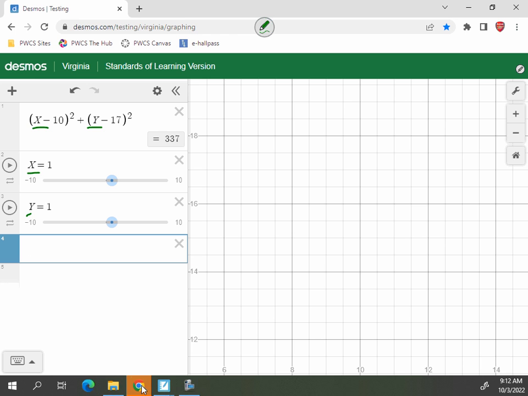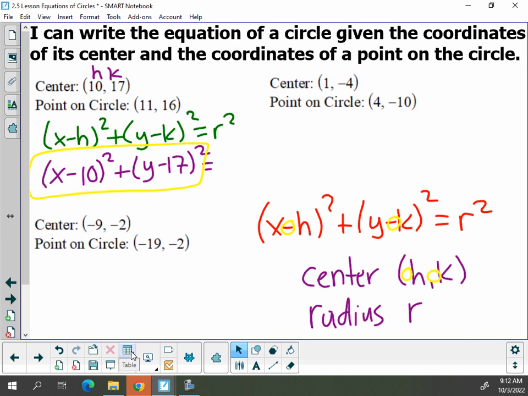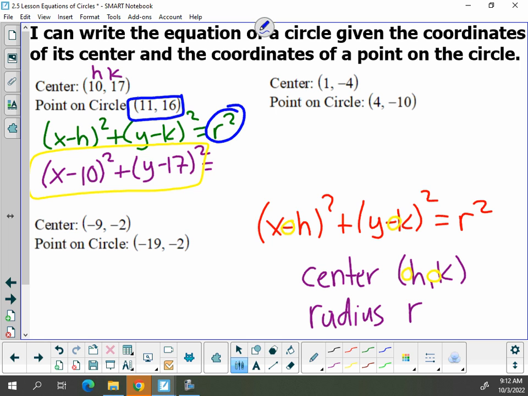It's going to give us an opportunity to tell the calculator what x is and what y is. And so all we need is the right side of our equation. We need to know what number do we plug in for r squared. And so we're going to tell the calculator that x is 11 and y is 16 because that point is on the circle. That means we should be allowed to plug those coordinates into the left side for x and y.